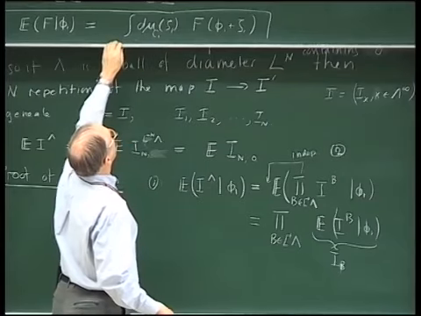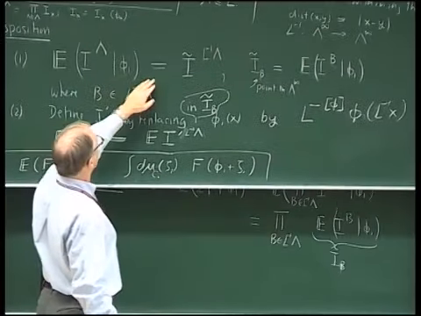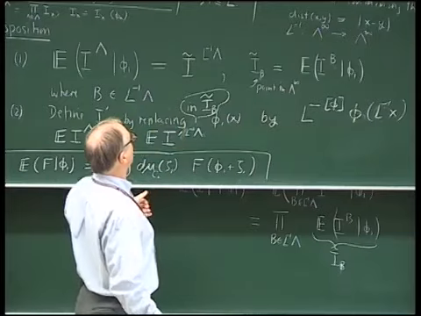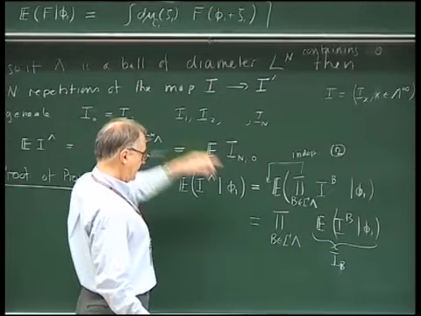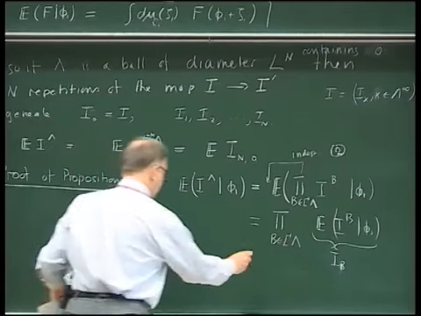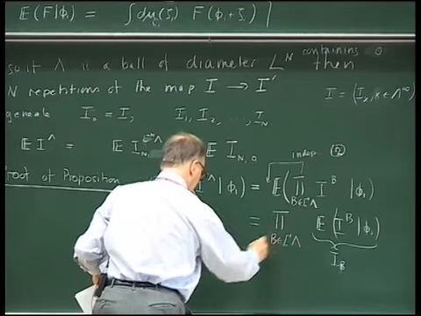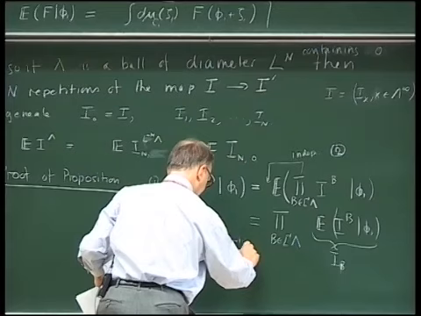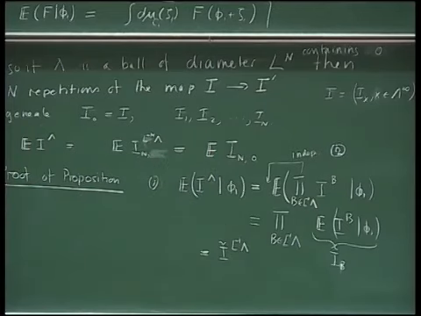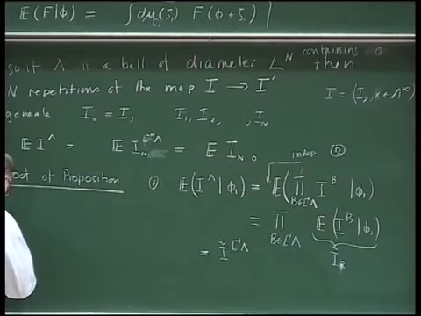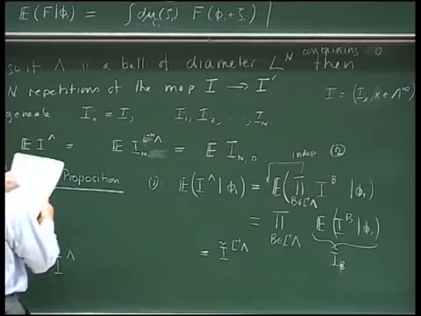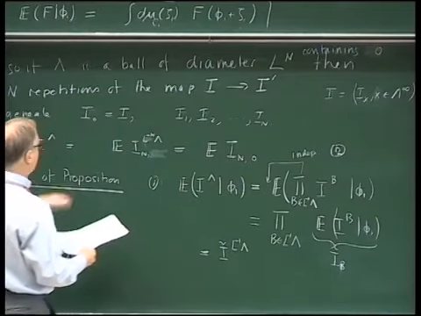So we immediately see that we've proved that this expectation is a product of I tildes over balls in the L inverse lambda. That's what I'm writing here. So this is just I tilde raised to the power of L inverse lambda. And then for the second property, which is even more trivial, we just do the expectation of I to the lambda that we have on this side here in 2 steps.